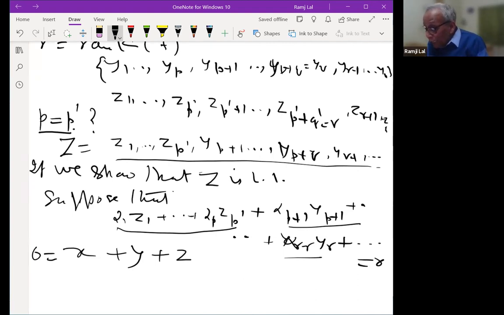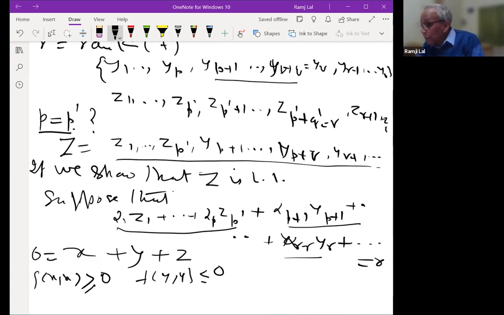So if you apply f of this, f(x,x) is greater than or equal to 0, and similarly for y, for this you see y_{p+1} etc. f(y_i) was minus 1, so therefore for this it will be negative. So f(y,y) will be less than or equal to 0.